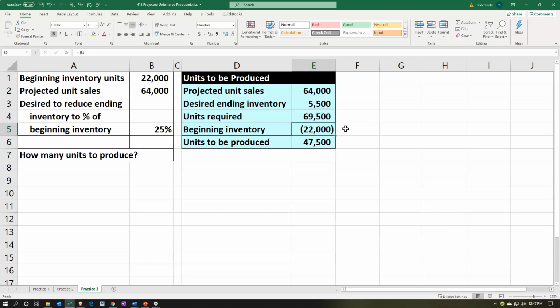We're going to put an underline under the 22 by going to the Home tab, font group, and underline, and a double underline under the 47.5: Home tab, font group, drop down, double underline. So we need to make 47,500 units in order to cover the amount we're going to sell, 65,000, plus the desired ending inventory of 5,500, given the fact that we already have 22,000 in the beginning inventory.